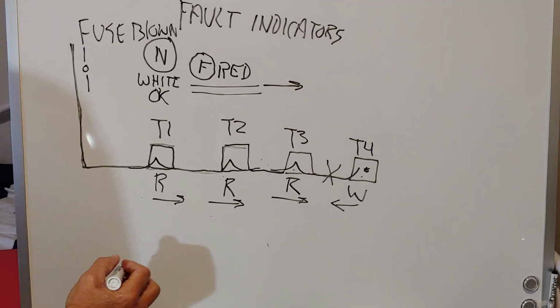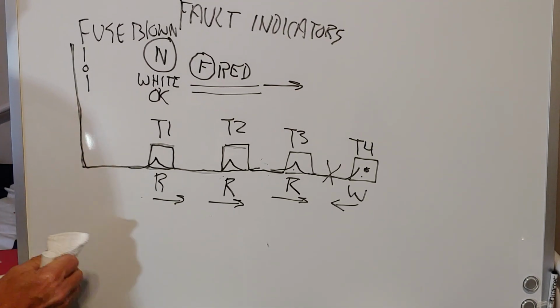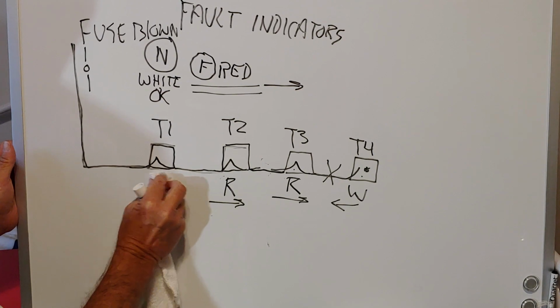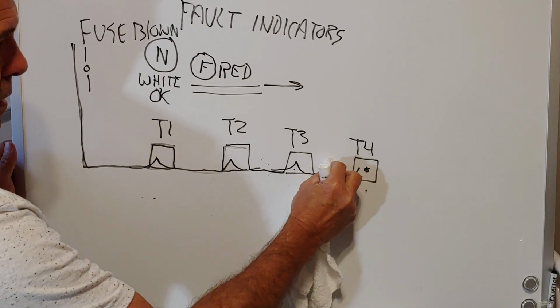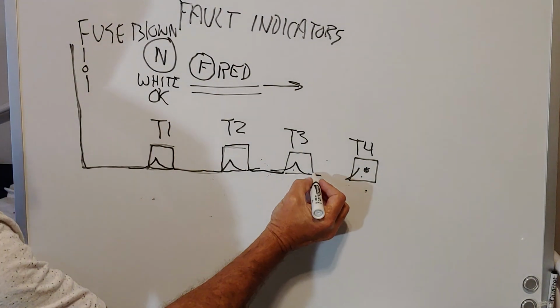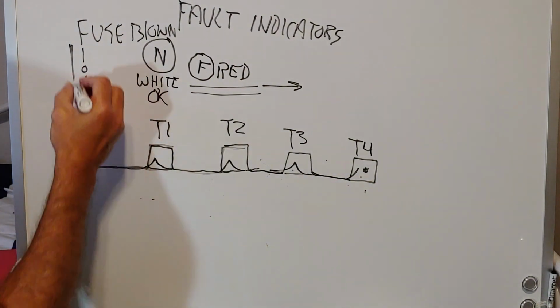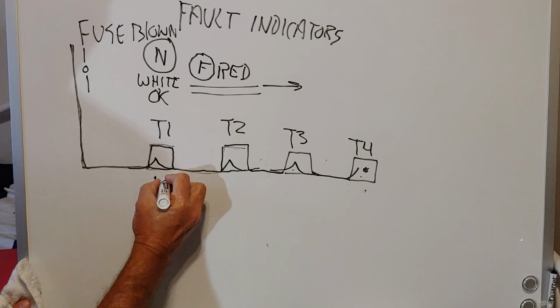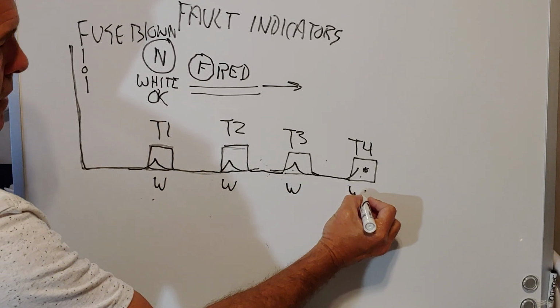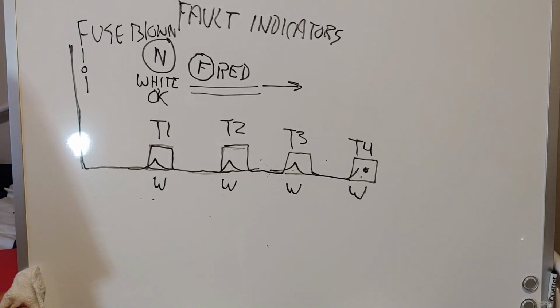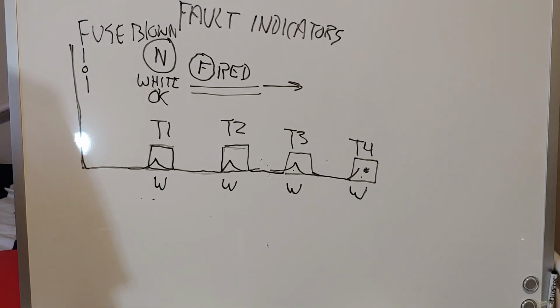All right, one more scenario right here, just to test your minds a little bit. Fuse is blown. White, white, white, and white. How do I know which span it's in?